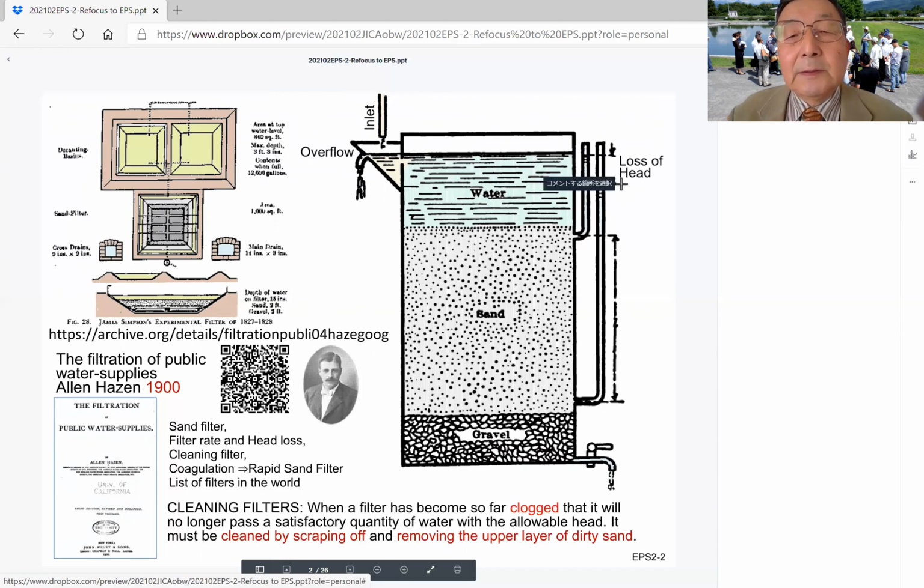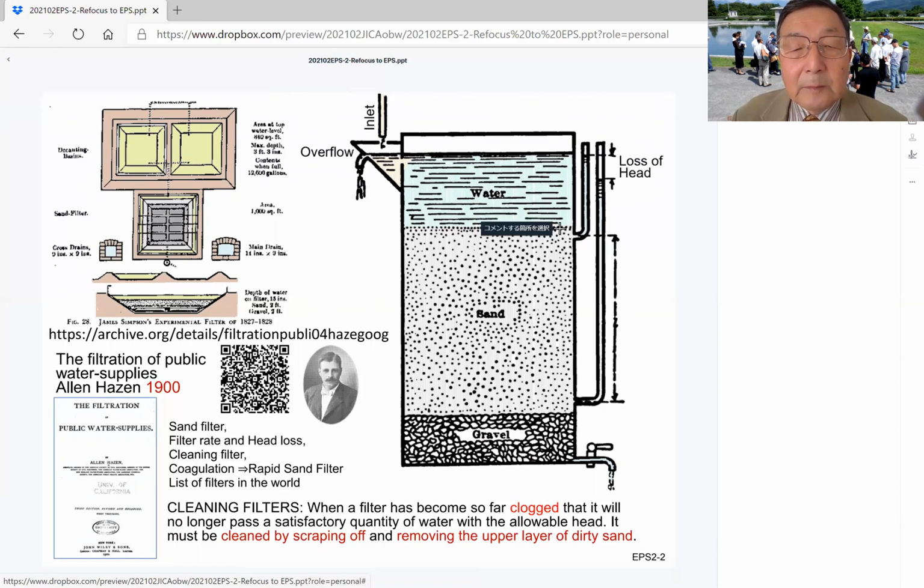This filter resistance is indicated by the headloss. At that time, we have to remove the accumulated turbid matter from the surface by scraping. Then the filter is restarted.